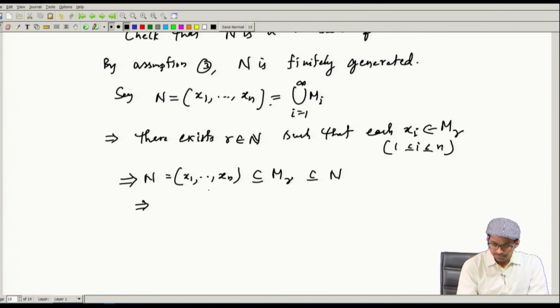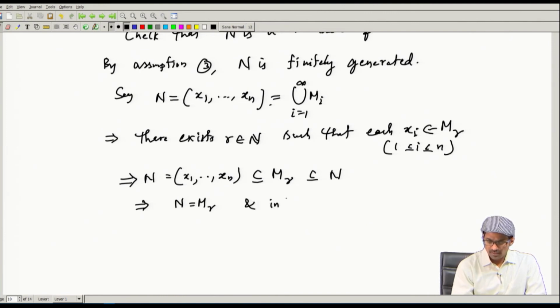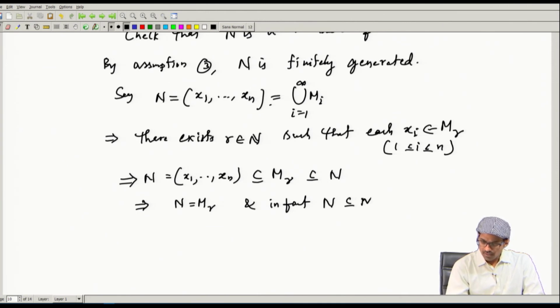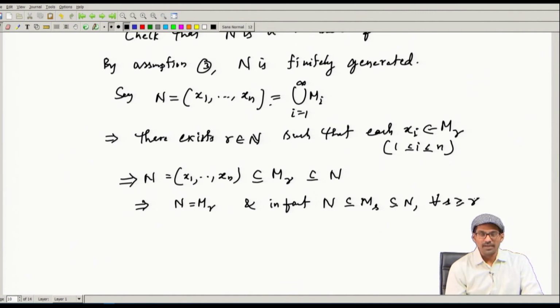That means N equals Mr, and in fact, N is contained in... Ms is contained in N for any s greater than or equal to r, because Mr is contained in Mr plus 1, contained in Mr plus 2 and so on. Okay. So, because of this.